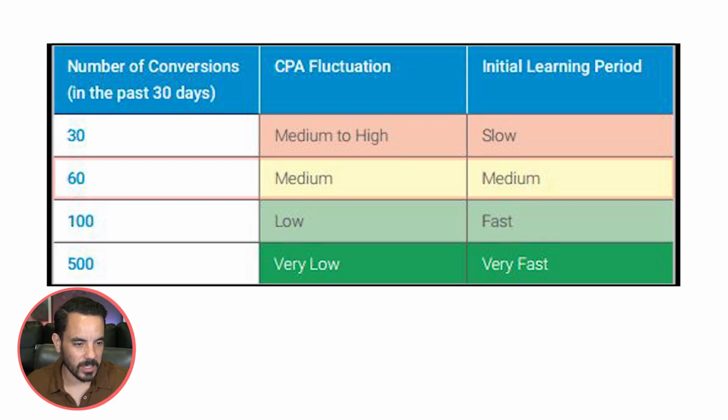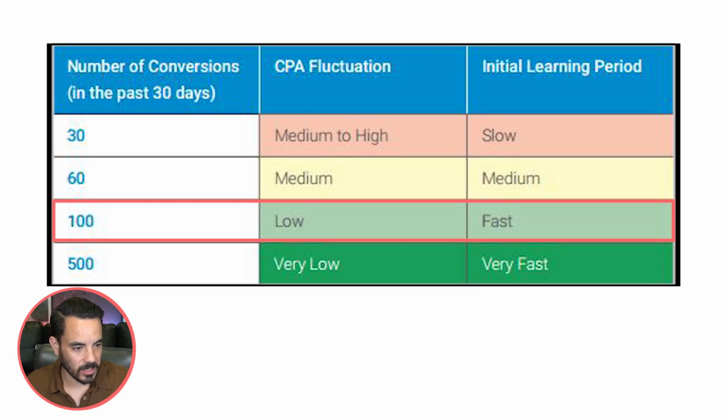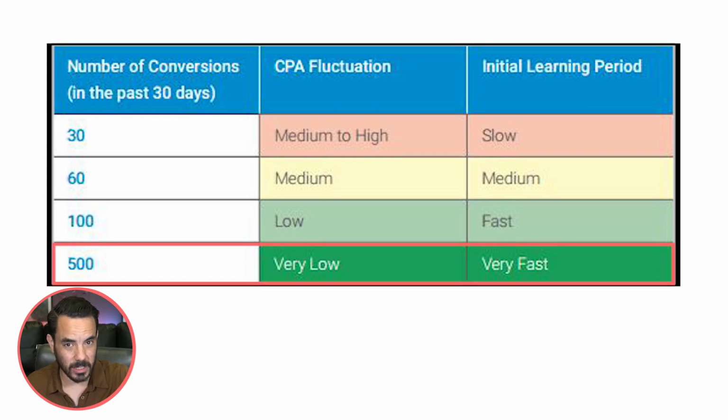Once you get up to around 60, then your CPA fluctuation or your ROAS fluctuation will be medium. Your learning period will be medium. Once you get to 100, low fluctuation, fast learning. And then if you're at 500 plus conversions per campaign per 30 days, you're going to have very low fluctuation. Things are going to be pretty stable, and you're going to have very fast learning periods.